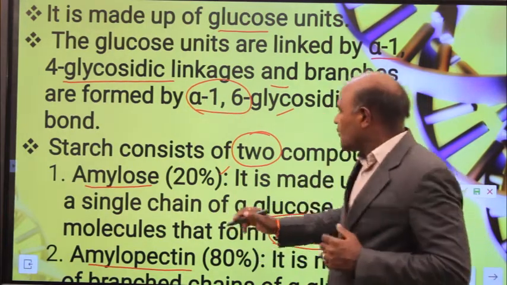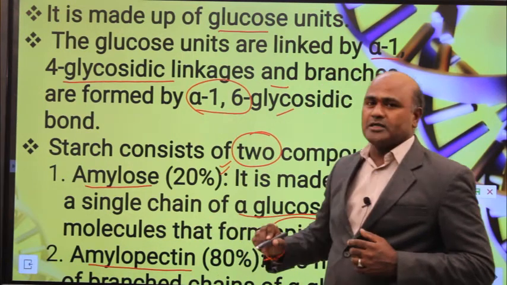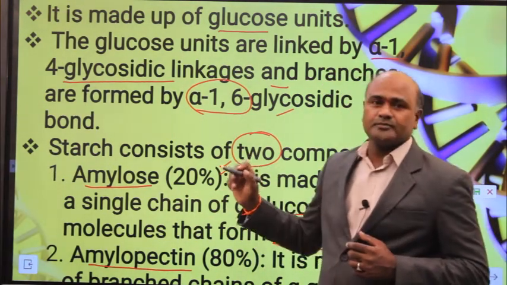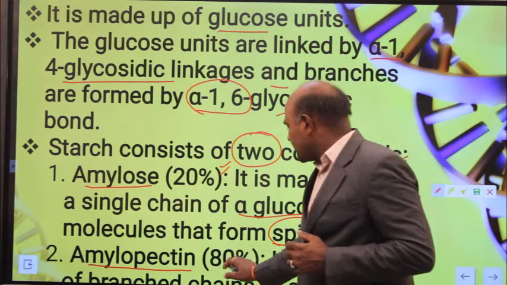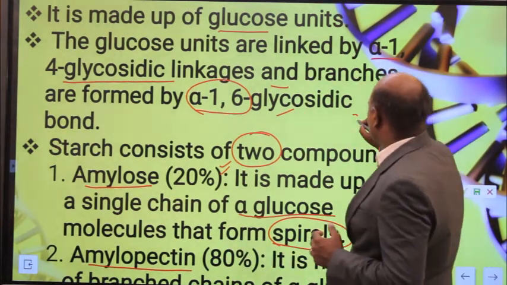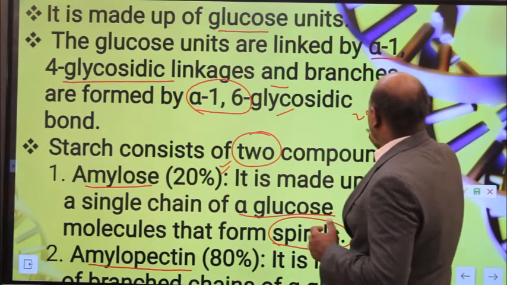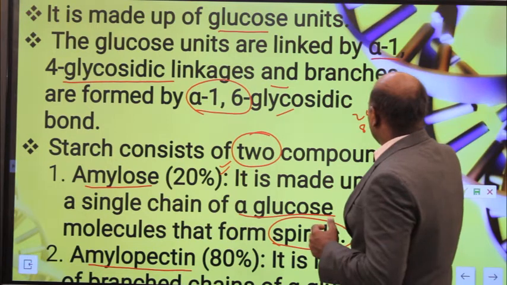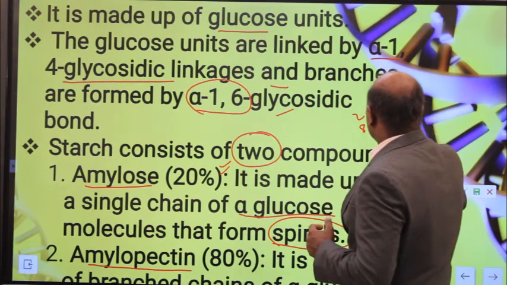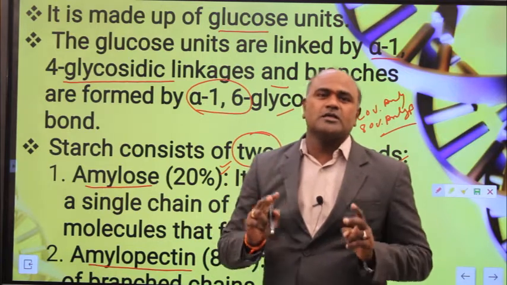So amylose is 20% of starch, and amylopectin is 80%. So these are the two major components of starch.